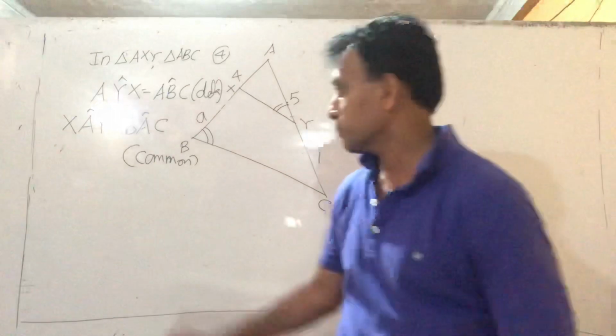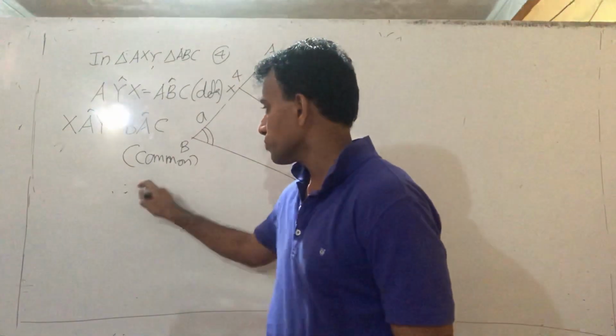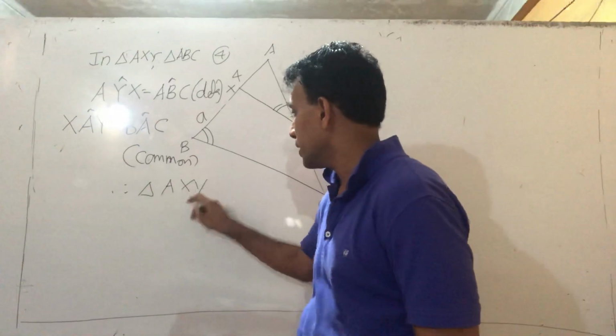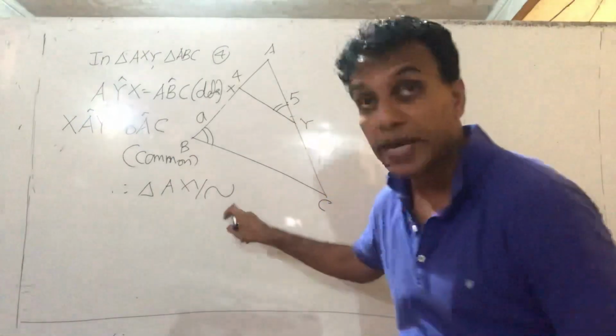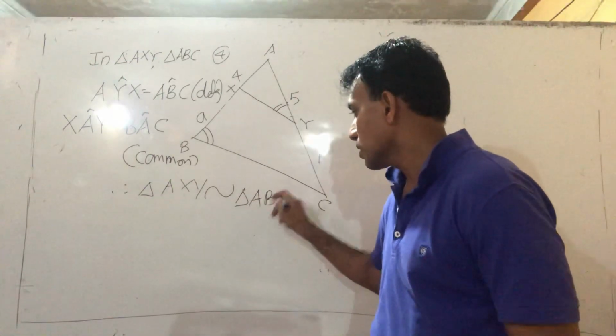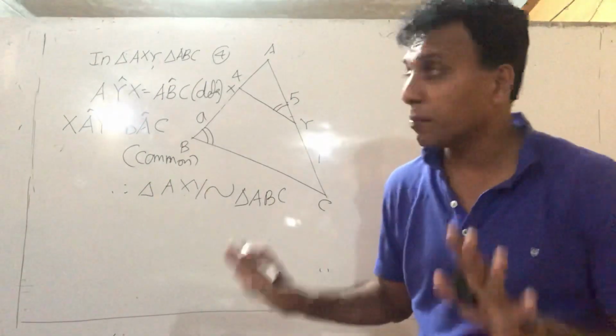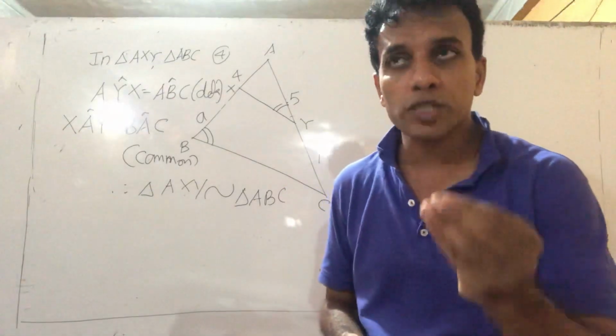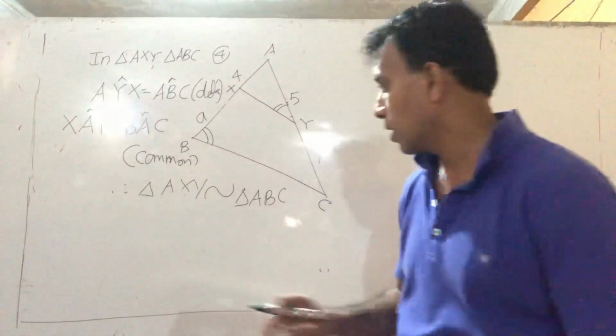Therefore, triangle AXY, using this symbol I said, triangle ABC, equiangular is the method of how to prove that, right? Now write the ratio: therefore corresponding sides are proportional.